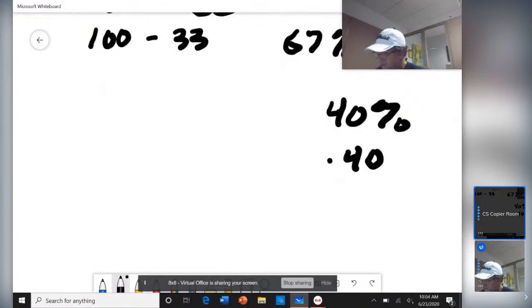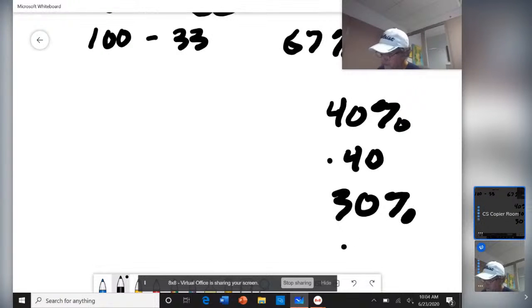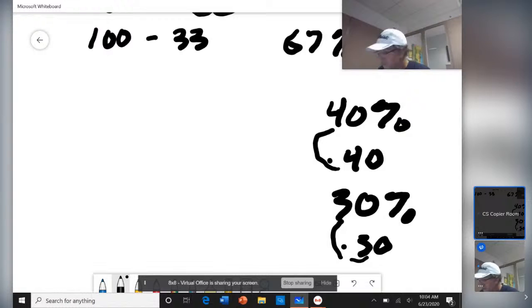If they're 30% off, that's going to be 0.30. So when you convert a percentage to a decimal, you just put the decimal in front of the number. So 0.40 is the same as 40%. 0.30 right here is the same as 30%, just like 0.40 is the same as 40%. And we went over a little bit of that last week.